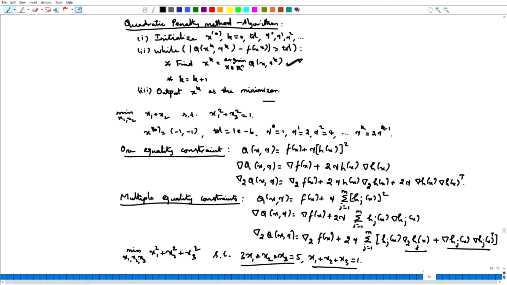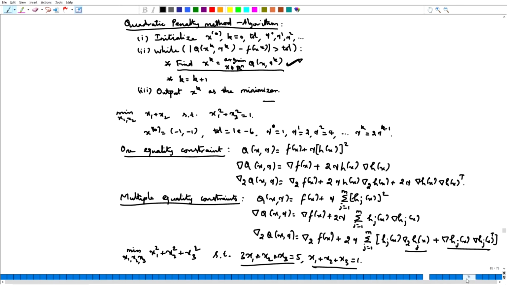This was the quadratic penalty method algorithm, and this step is going to become: find x k equal to argmin over x in R n of L gamma of x comma lambda, for fixed values of gamma and lambda.